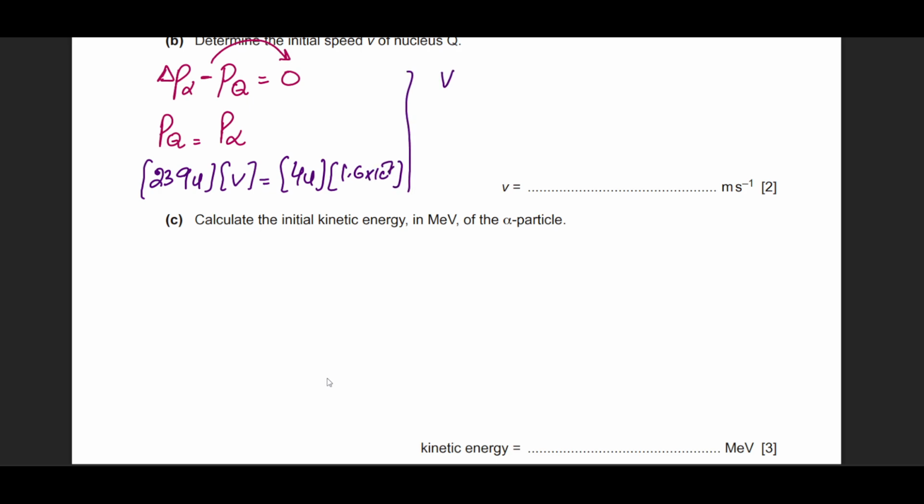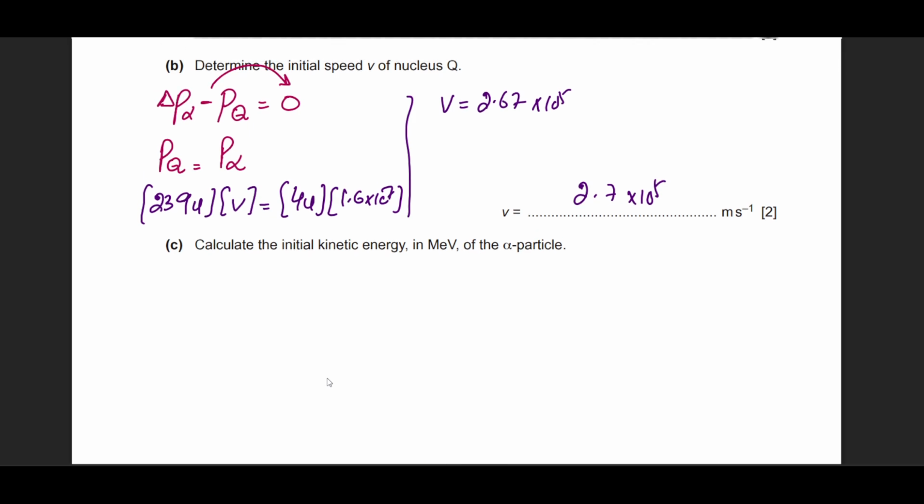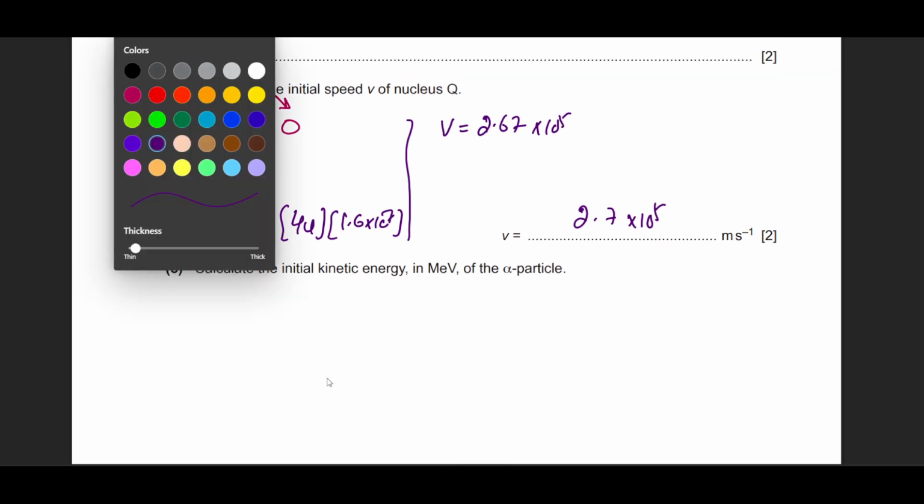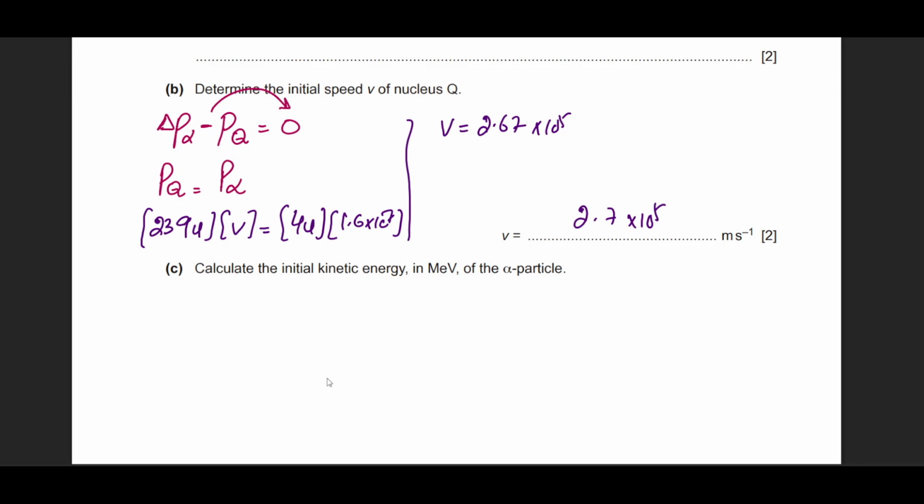So this velocity comes out as 2.67 into 10 raised to power 5. This is going to become 2.7 into 10 raised to power 5 up to 2 significant figures. Now, there is an idea over here.